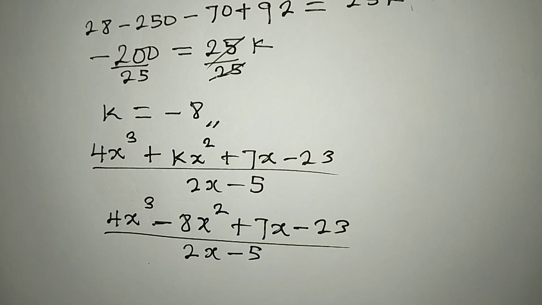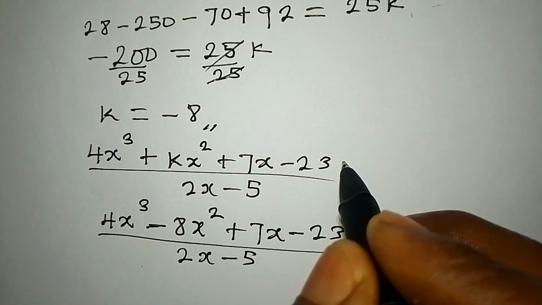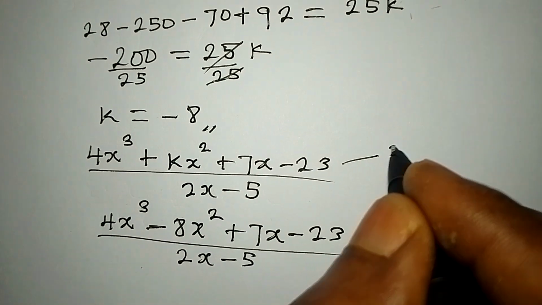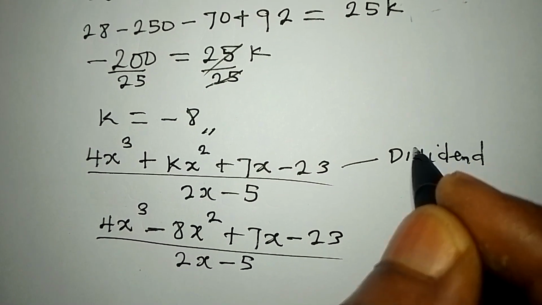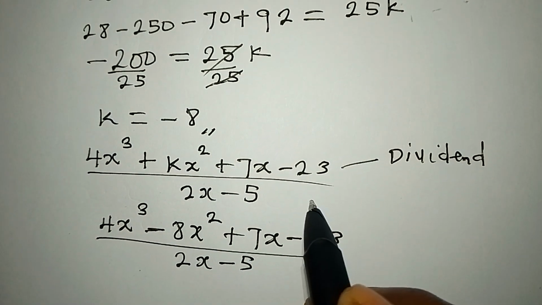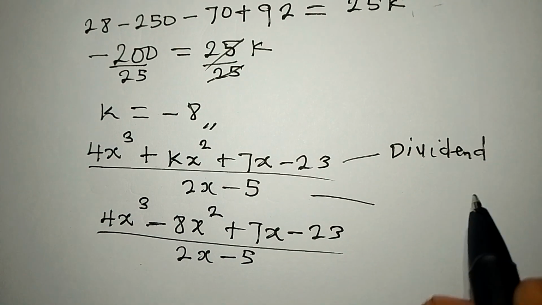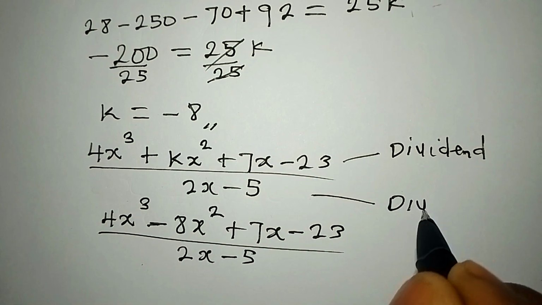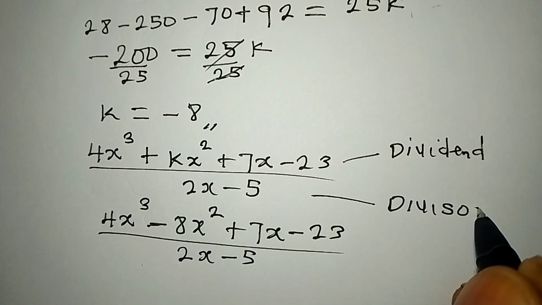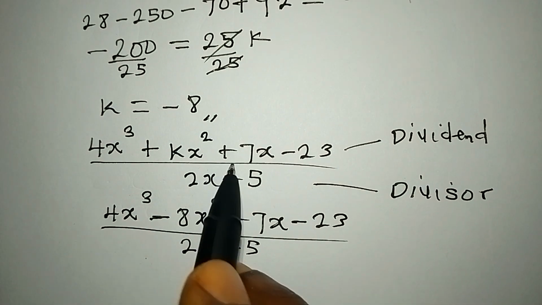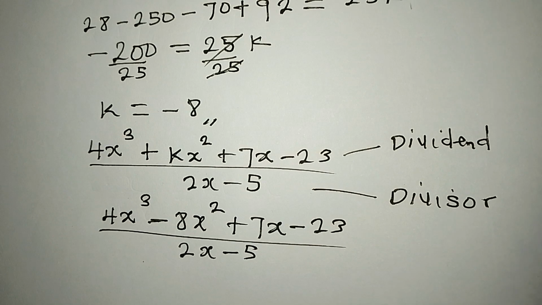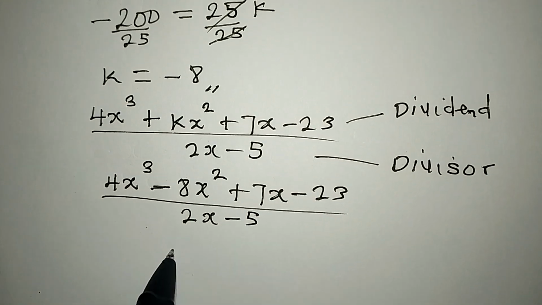And remember, do not forget that this right here is called the dividend. Let me go over it again. Okay, this is called the dividend, while the one you have as the denominator is the divisor. Right? And then if you divide this and you get your figure, whatever figure or value you're going to get is called the quotient.